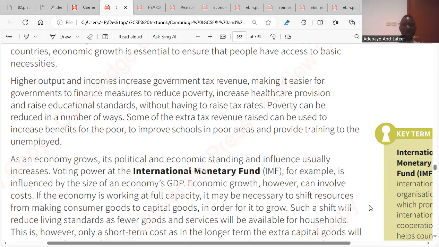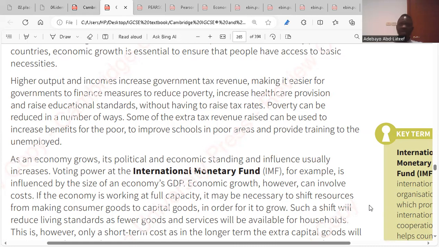So when there's higher output in the economy, government tax revenue would increase, because at that point government will be able to generate income tax and corporate tax. But it is not necessary that government should increase taxes to be able to help the poor.